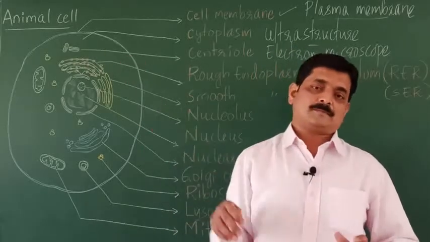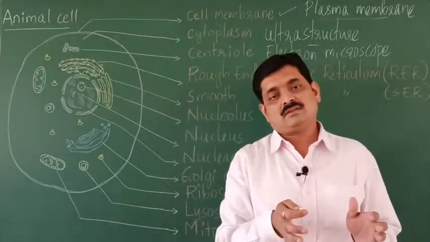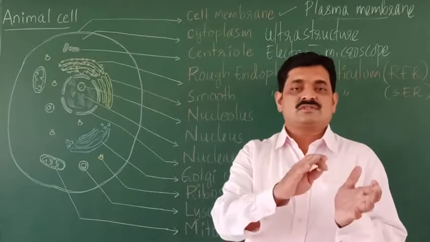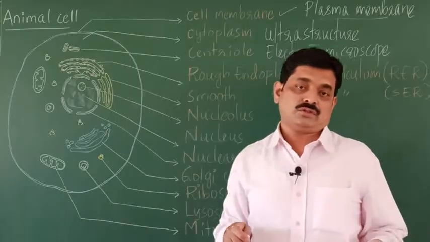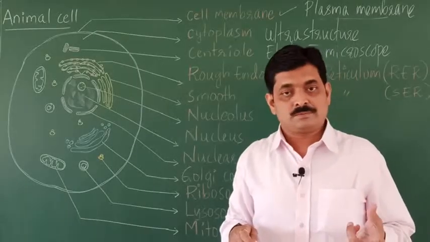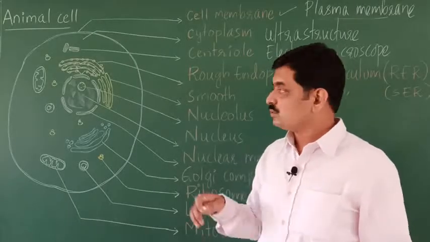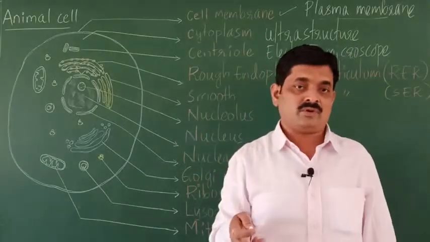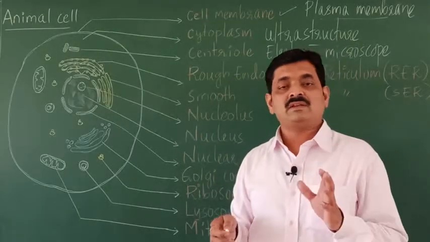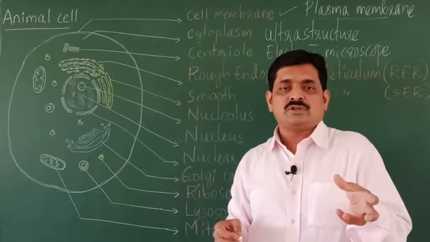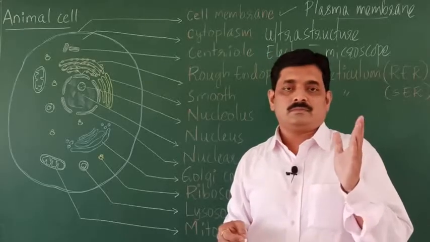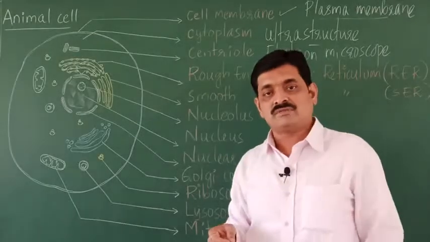So substances can enter the cell, and there are certain substances which can pass out of the cell. So in and out movement of substances takes place through the cell membrane. So the cell membrane helps to pass any molecule in or out of the cell.